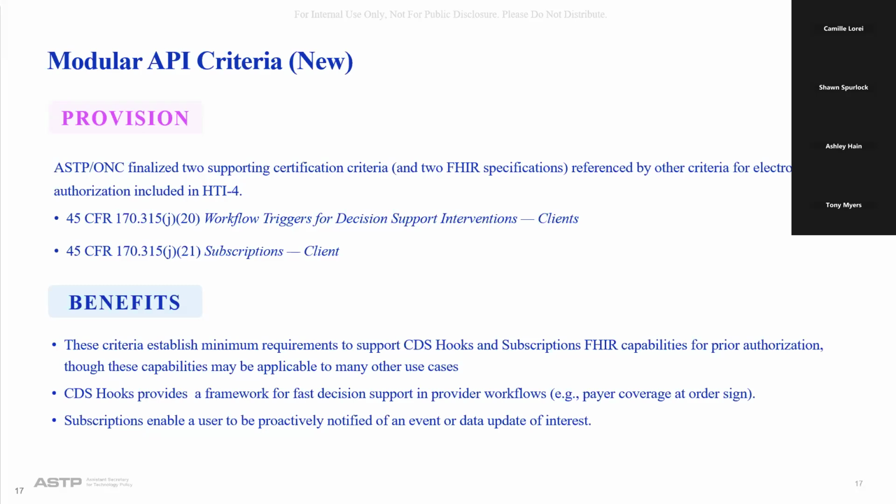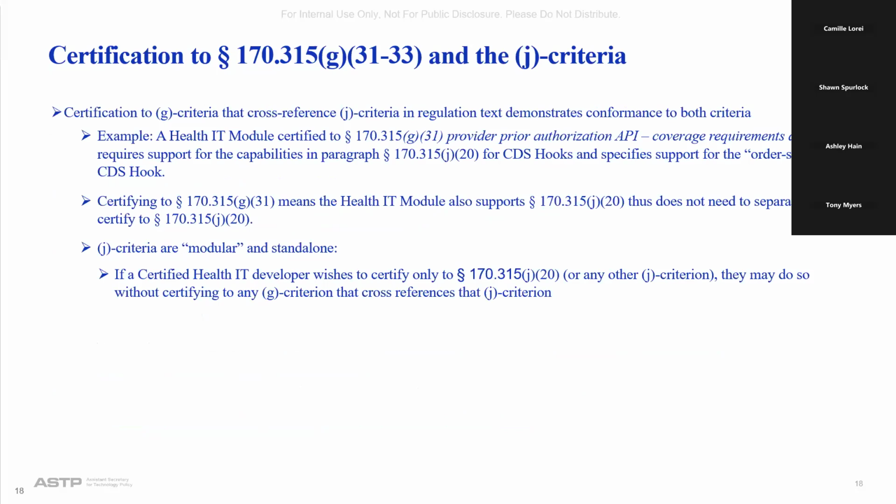So if we go to the next slide, this is kind of how the two come together. I will note that obviously the G31 through 33 cross-reference the J criteria. And I want to make sure that folks understand they don't have to get separately certified to J and G criteria. If a developer wanted to get certified standalone for CDS hooks and subscriptions, they could.